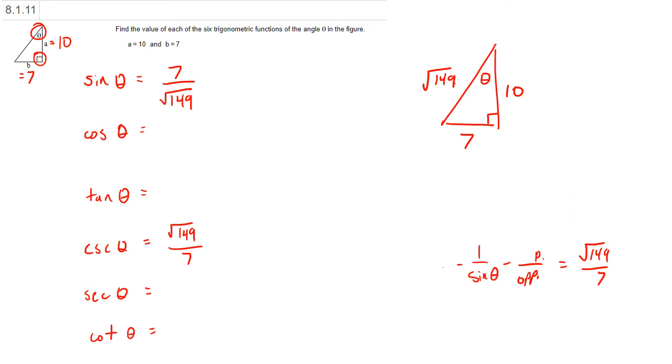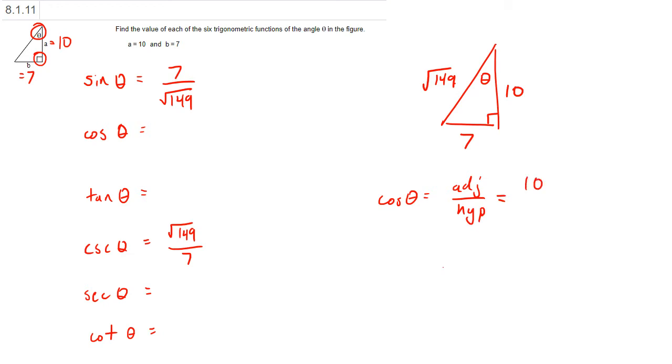We find our cosine of an angle by taking the adjacent side length over the hypotenuse. The adjacent side to this angle theta is of length 10. The hypotenuse is still of length root 149, so there is our cosine. It is 10 over the square root of 149.